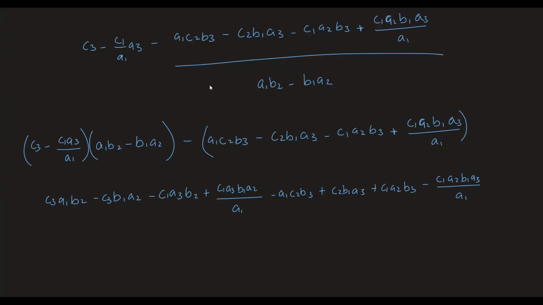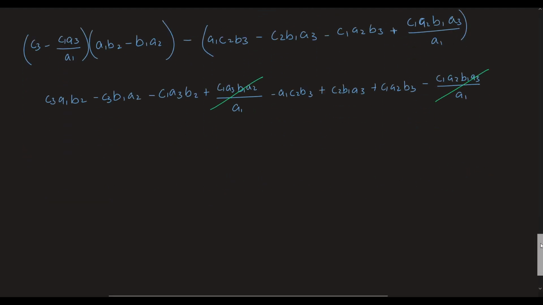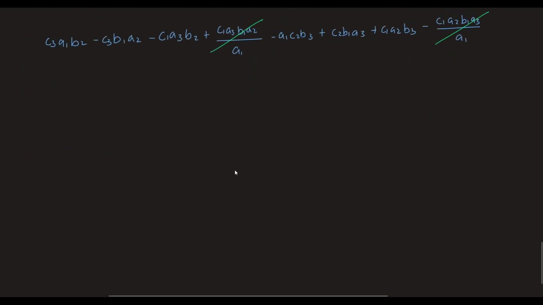So let's do a little bit of neatening up here. These two cancel. This term here and this term here are exactly the same: C1 A3 B1 A2 all over A1. They cancel. And we are left with these 6 terms here. I'm going to do it in a pink colour to make it the finale. I'm going to do the positive ones first.